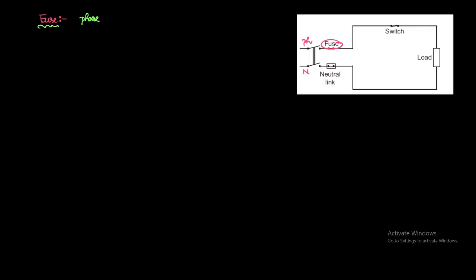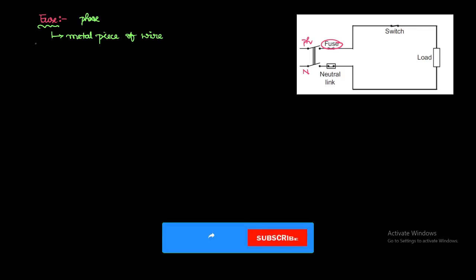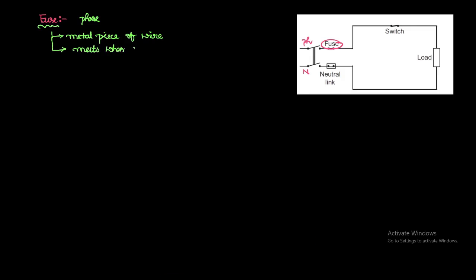What is the meaning of the fuse? A fuse is a piece of metal wire which we use as a fuse element. It is connected in the phase terminal. And one more thing about the fuse: it melts under abnormal conditions.